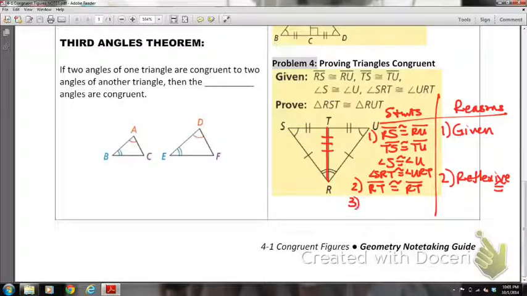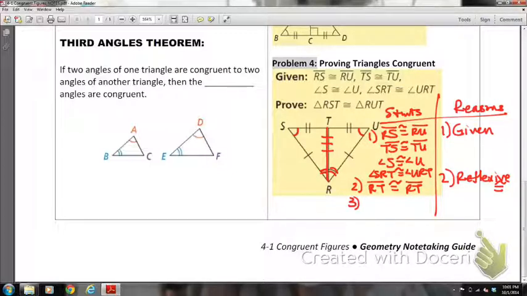The next statement that we can make by looking at the diagram is about the third angles. We have two angles that are congruent at S and U. We have another pair of angles that are congruent at SRT and URT.